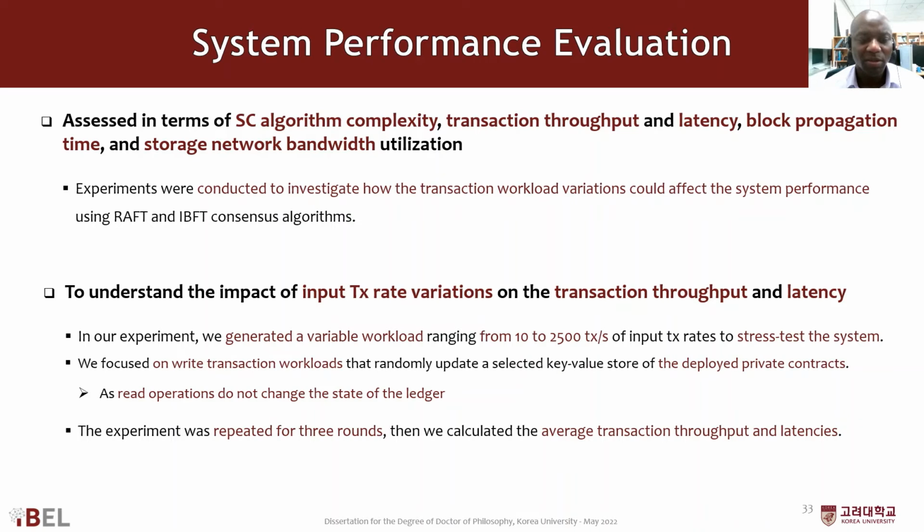We focus on write transaction workloads instead of read operations that do not change the state of the ledger. The experiment was repeated 3 rounds. Then we calculated the average transaction throughput value and latency.